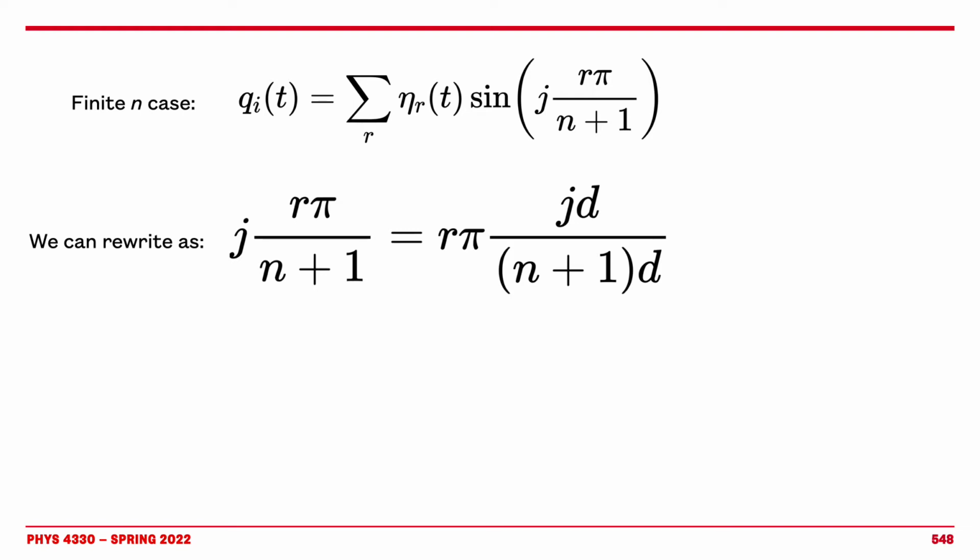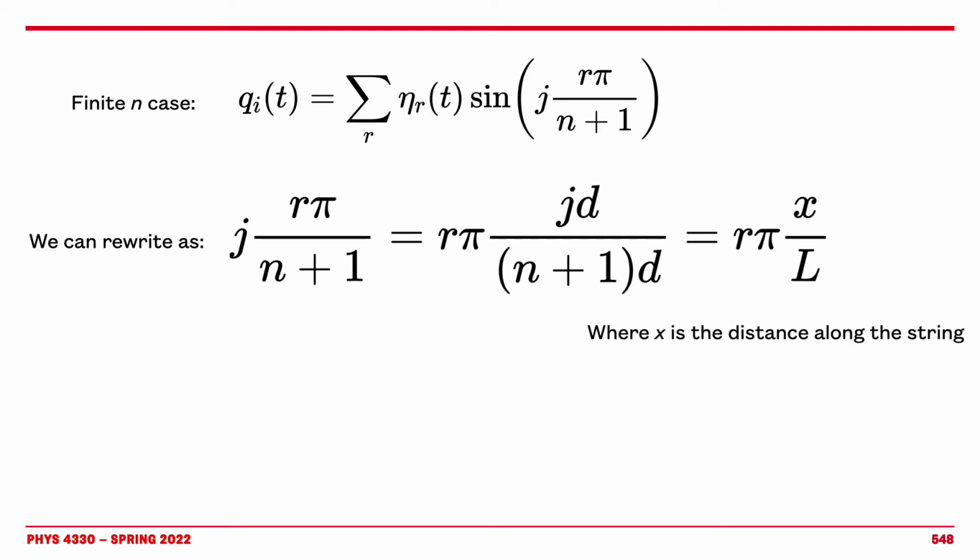And when you do this, you realize that n plus 1 times d is going to give us the total length, as we said in the previous slide, and j times d is a place along the chain, because d is becoming infinitesimally small. j times d is actually a continuous position along the chain that we can usually call x. It's just the continuous coordinate along the chain.